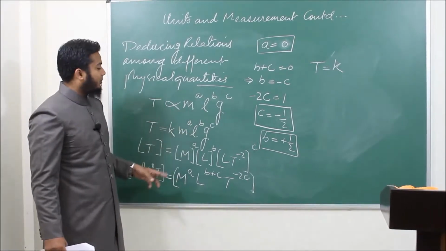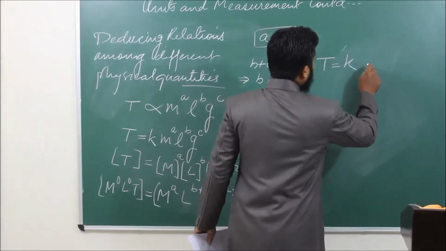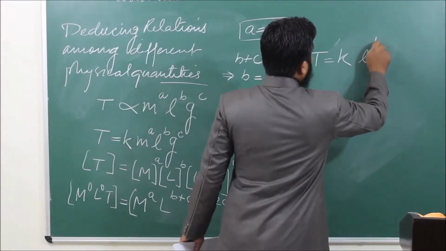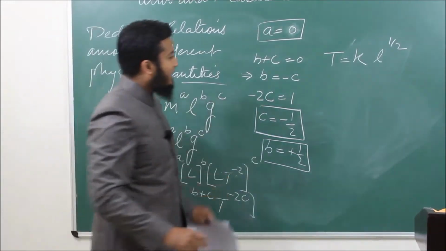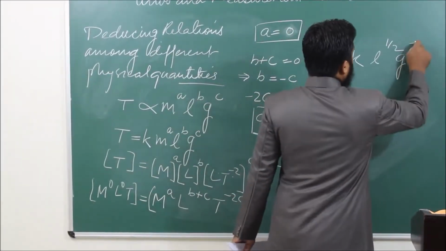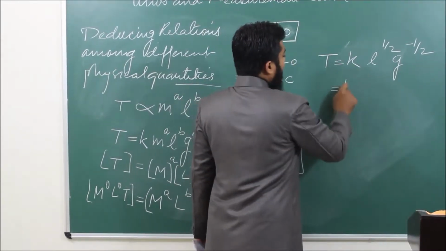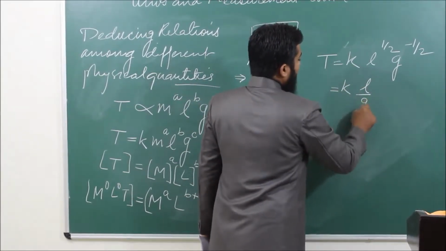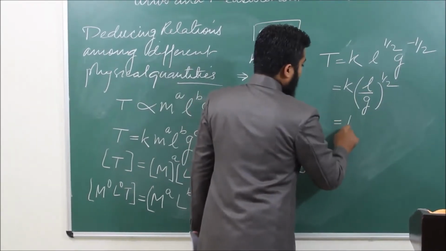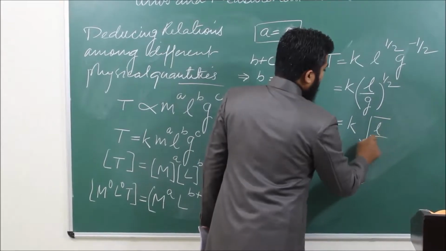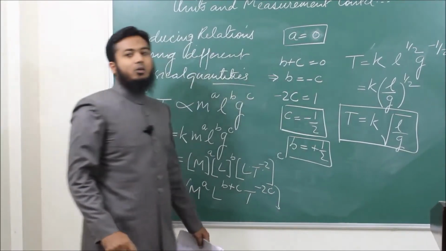L to the power b, b has value plus half, so L to the power 1 over 2, and g has power c, c is minus half, so g raised to the power minus half. I can write it like this: L over g whole raised to the power 1 over 2, and this can also be written as k under root L over g. So the dimensional formula now looks like k under root L over g.